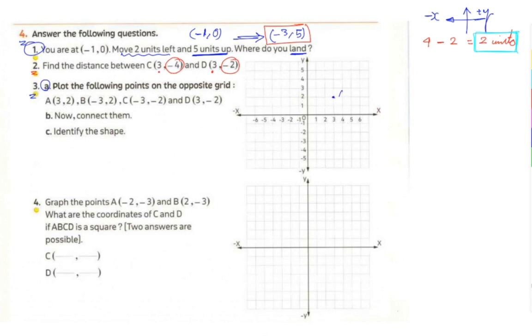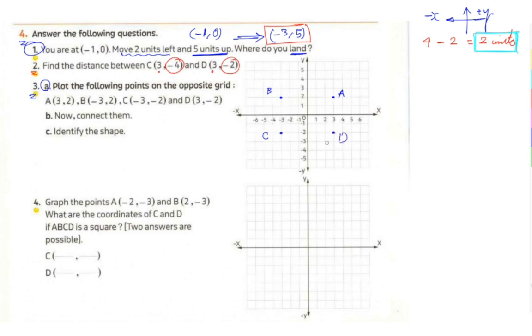That's point A. B is (-3, 2): minus 3 on x and 2 on y. That's B. C is (-3, -2): negative 3 on x, negative 2 on y. That's C. D is (3, -2): positive 3 on x, negative 2 on y.